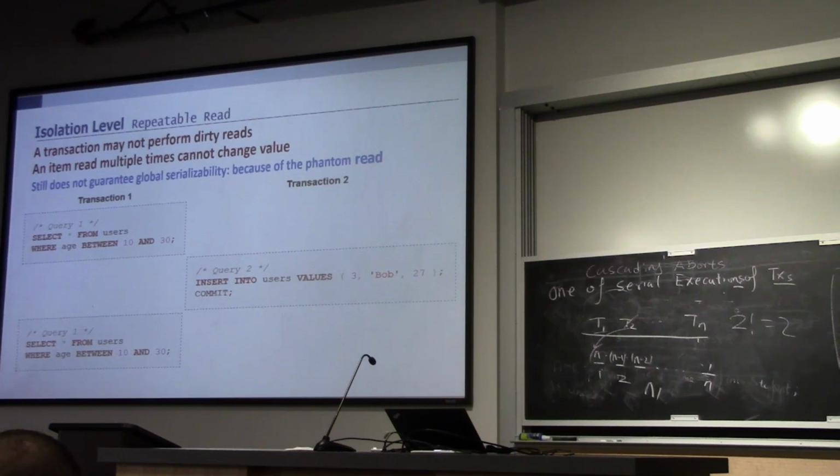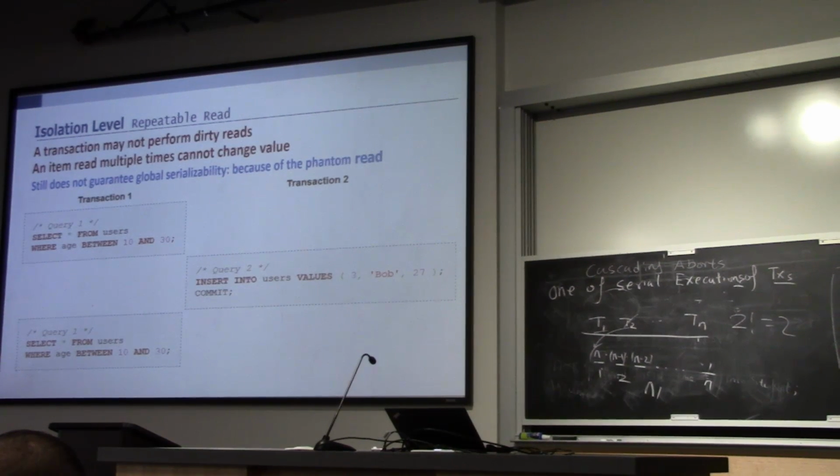Okay? So no item being read multiple times has changed values. Henceforth, this satisfies the repeatable read requirement. Go ahead. And if that existing entry is being read twice. So this particular schedule will be allowed in repeatable read isolation level.